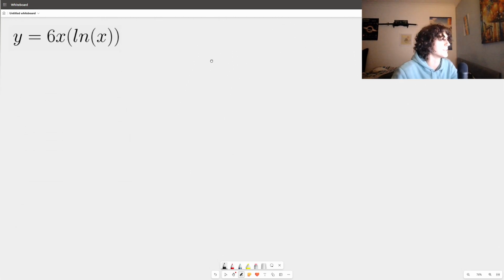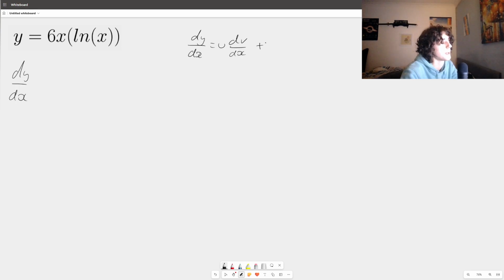So y equals 6x times by ln x. This one's going to be a little easier than the previous one if you know the derivative of ln x. So dy by dx, we're going to write down what our equation is again. So dy by dx is equal to u dv dx plus v du dx.